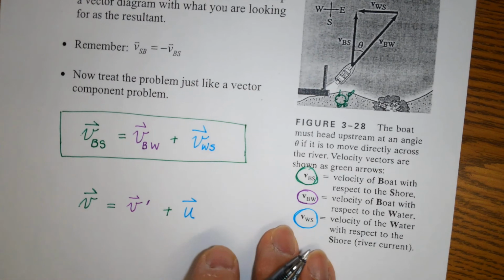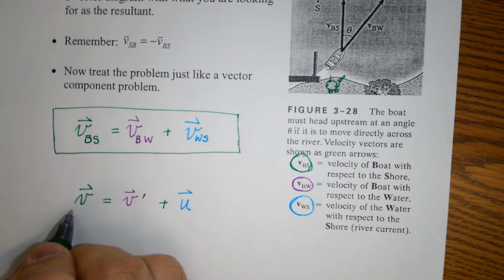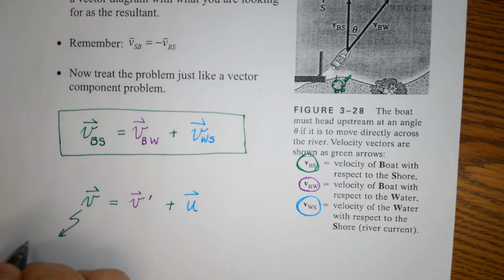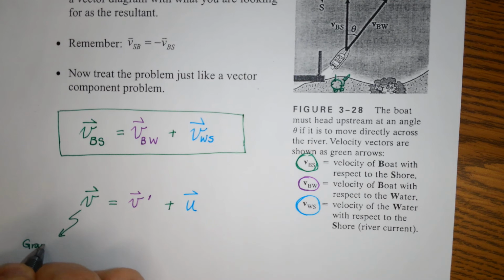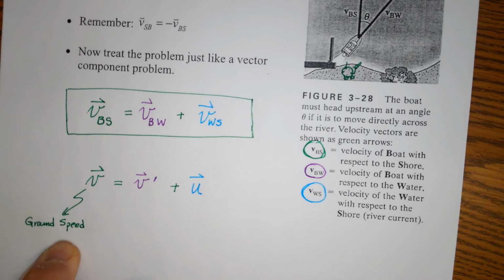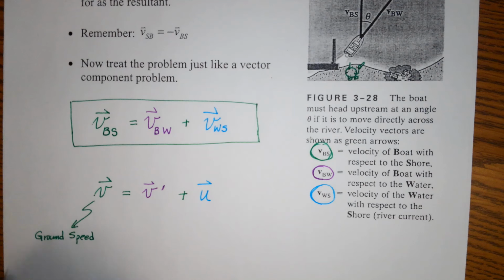Let's talk about an airplane flying in the sky. Okay? This V represents the ground speed. Ground speed is how fast the airplane is flying when you're measuring from the ground, relative to the earth. Okay?